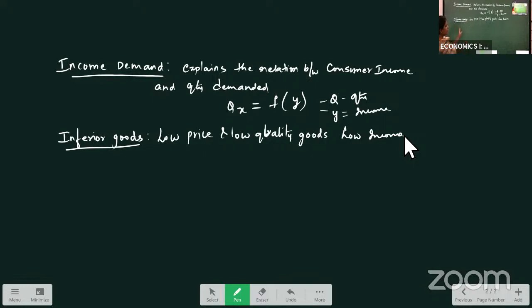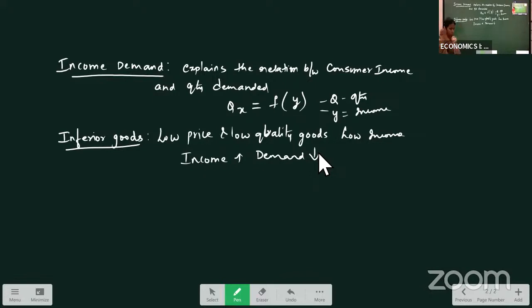Okay, so for these inferior goods, what will happen? When income increases, demand decreases. Inferior goods means low priced ones. When a consumer's income level increases, we don't prefer more of low priced goods.